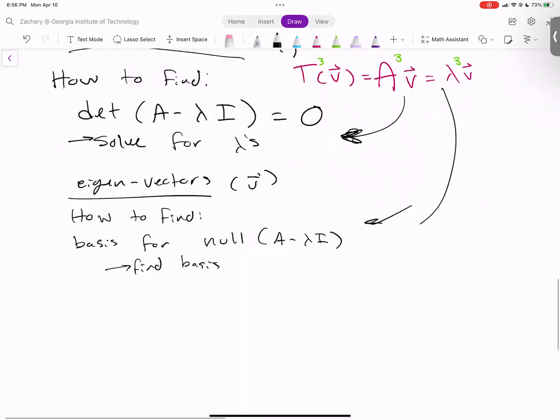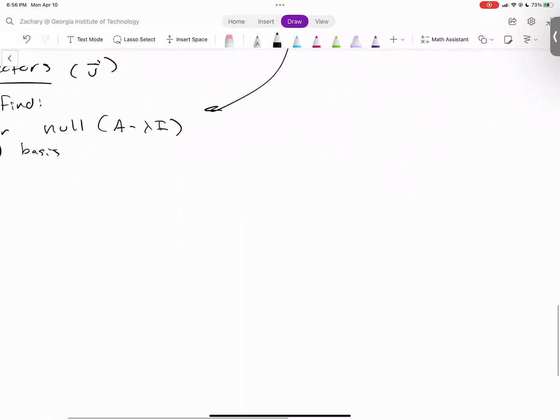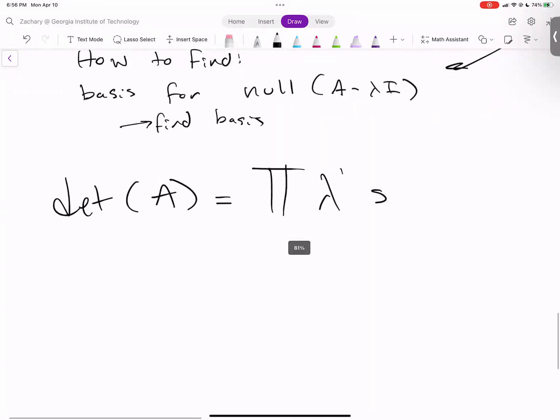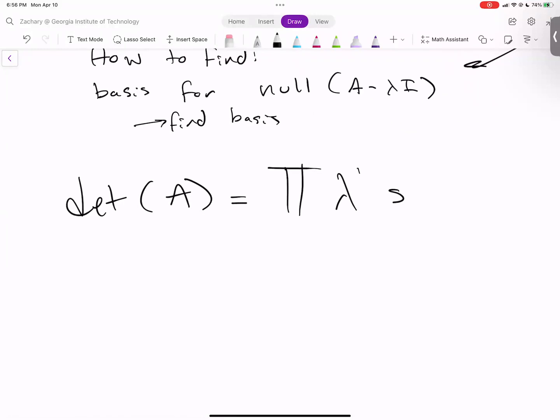So some other facts about eigenvalues. The determinant of A will always be equal to the product of your lambdas. I don't want to write the word product every time I talk about this, so I just write a capital Pi, the same as a summation for sum. Capital Pi means product. For example, if my lambdas are 1, 1, and 2, what is my determinant? 2.